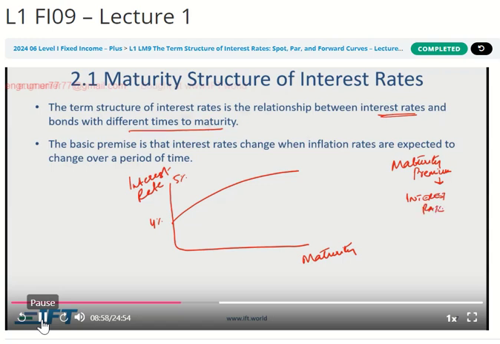What does that mean? Well, let's say I'm locking my money for 30 years and you're locking your money only for 3 months, and the government were to increase the interest rates further. So if the short term rates were to go up to, let's say, 6% because of higher inflation, because let's say there's too much inflation going on and the government decides to increase the rates.